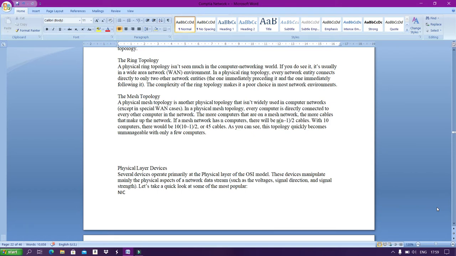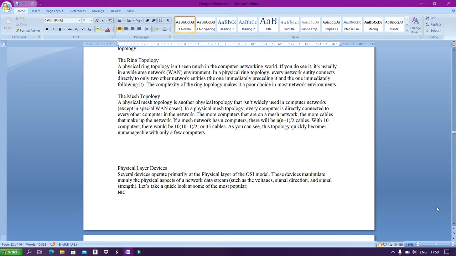The mesh topology. A physical mesh topology is another physical topology that isn't widely used in computer networks except in special WAN cases. In a physical mesh topology, every computer is directly connected to every other computer in the network.